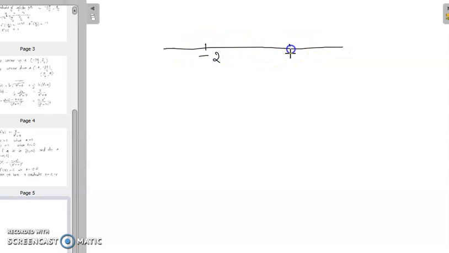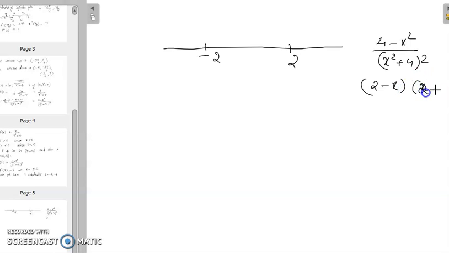So minus 2 and 2, the function is 4 minus x square by x square plus 4 whole square. So that is 2 minus x into 2 plus x. This term will determine the sign. Okay, so when you take below minus 2, this term will be positive, and this term will also be negative.